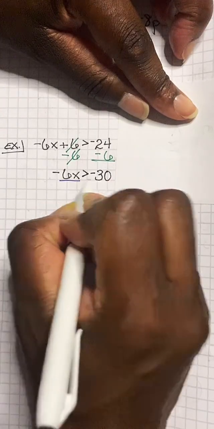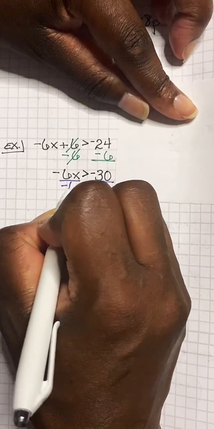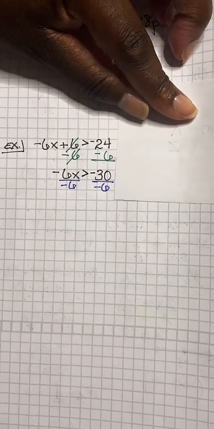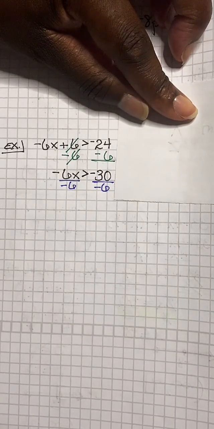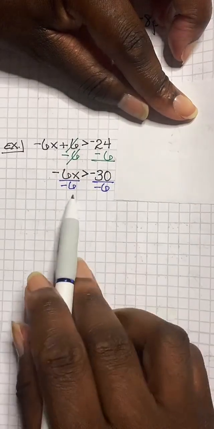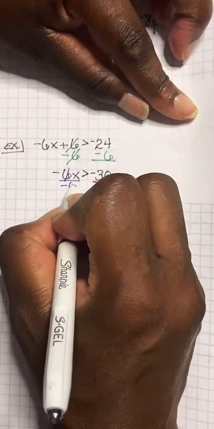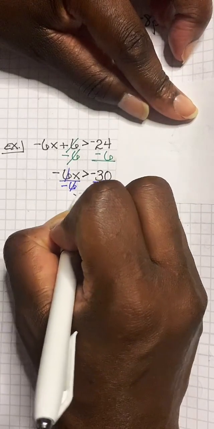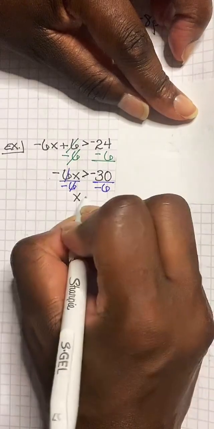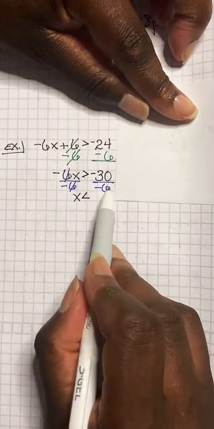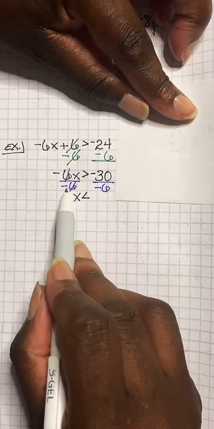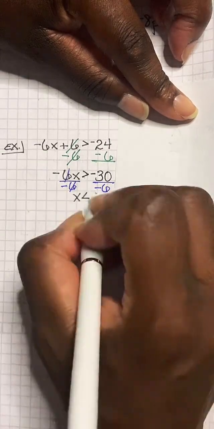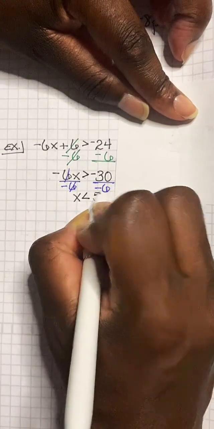So that means I need to divide both sides by negative 6. Excellent job, people. Because since we're dividing by a negative 6, I can bring down my x, but my inequality sign is going to change direction. Because right here, I divided by a negative 6. So now negative 30 divided by negative 6 gives me a positive 5.